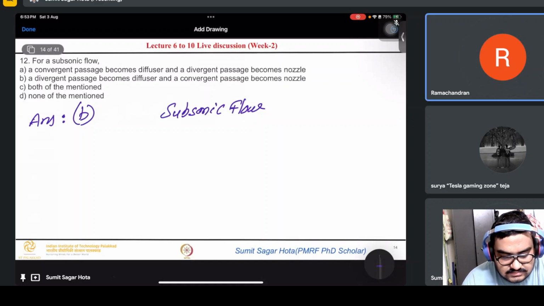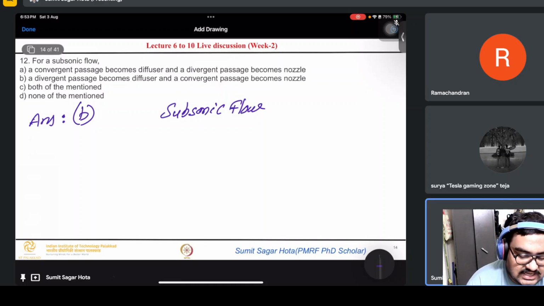In that case it's neither subsonic nor supersonic flow, but in some cases we say Mach number less than or equal to 1. The same condition will apply.